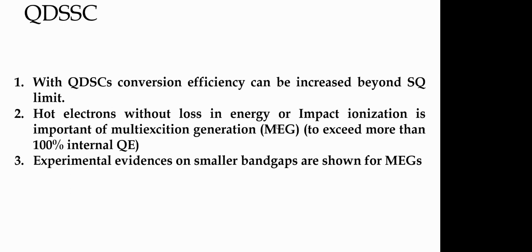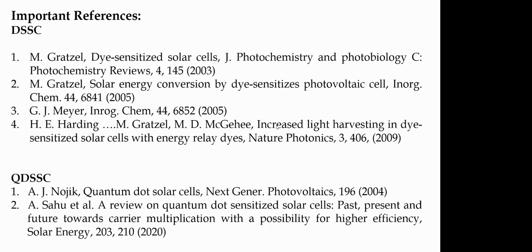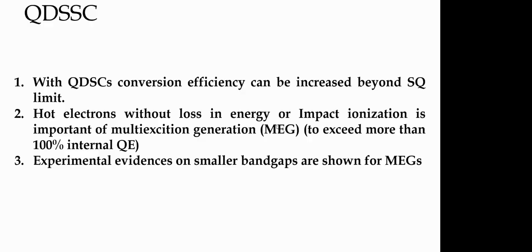Experimental evidence is still running behind to prove this concept. However, theoretically it has already been introduced, and people are trying to see whether multi-exciton generation is possible or not. People have shown this using optical spectroscopy, like fast spectroscopy and terahertz spectroscopy, to see the generation of multi-excitons at the cost of a high energy incident photon.